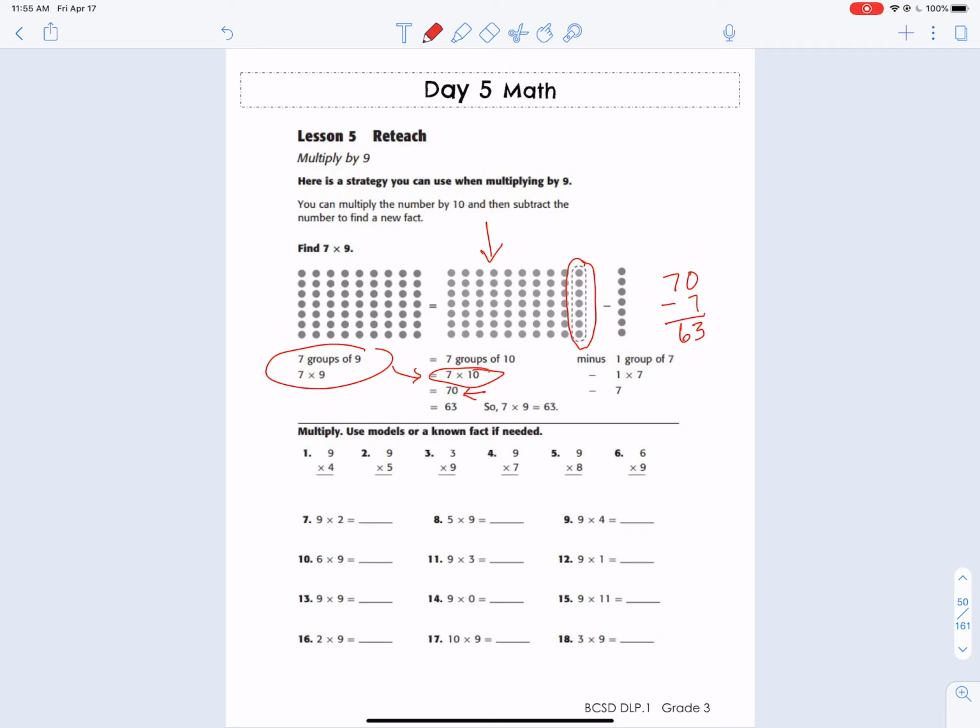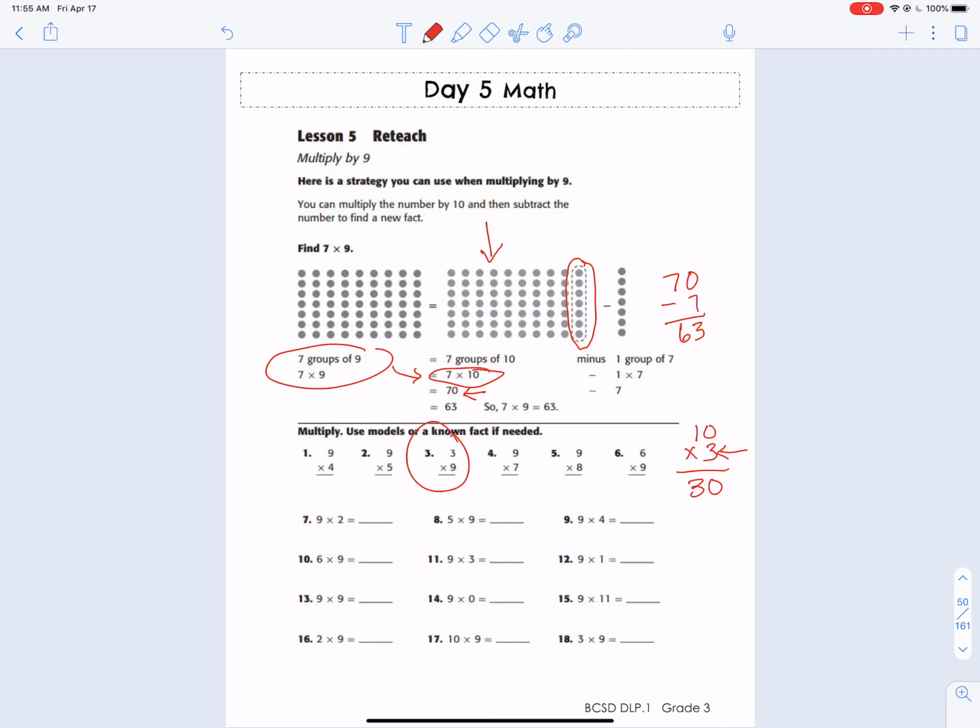I will show you another example of this down below. I'm just going to do one. I'm going to do number 3 for you. Okay, so we're not going to do 3 times 9. We're going to do 3 times 10 or 10 times 3. Doesn't matter what order. I know that 10 times 3 is 30 because I just put a 0 on the back of that number that I'm multiplying by.